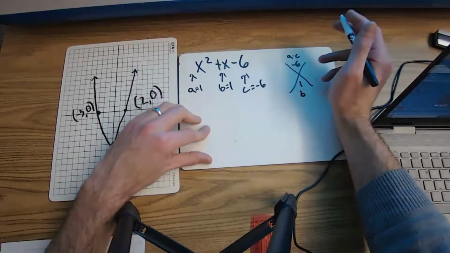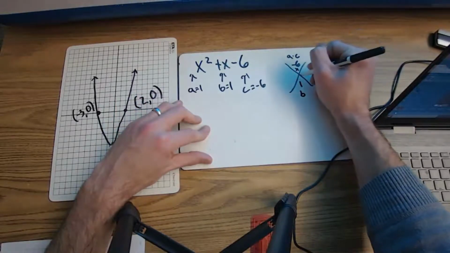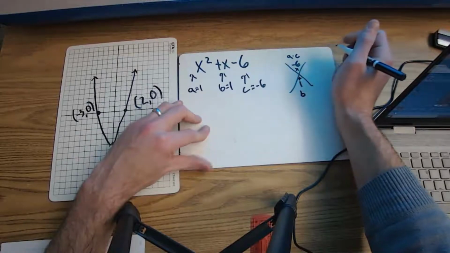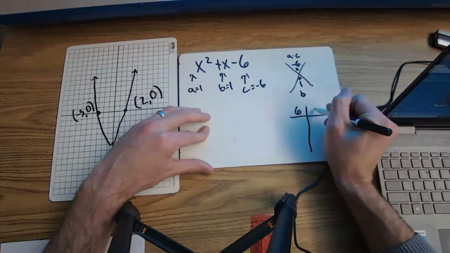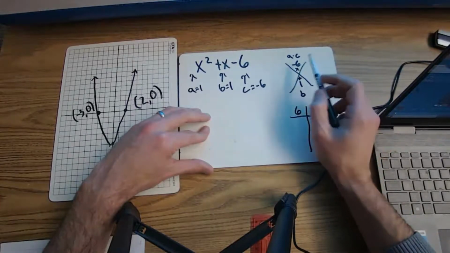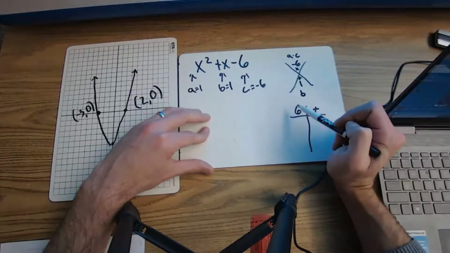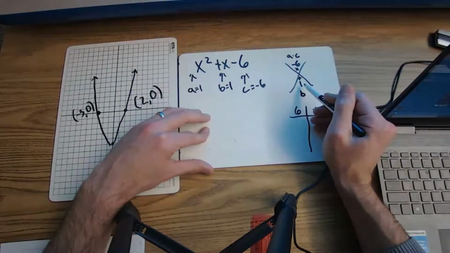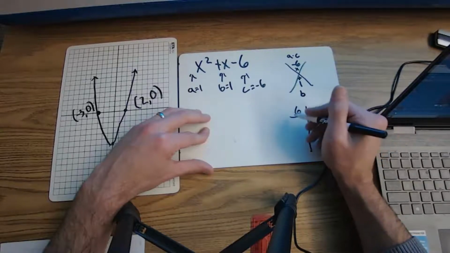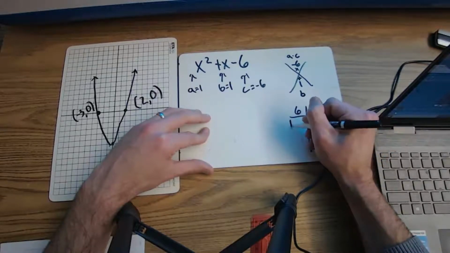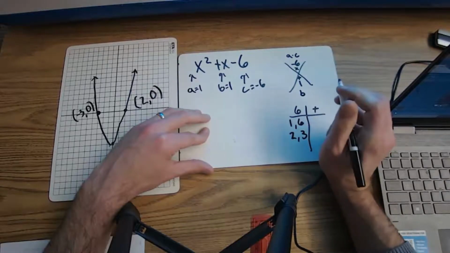Alright? And then you want to do just like you did before. Figure out two numbers that multiply to the top and add to the bottom. Okay? Remember, if you can't remember all the factors, just start dividing. Here we see this is negative, so I know that one of my numbers has to be negative. This 1 is positive, so that tells me that my bigger number has to be positive. So the factors of 6 are 1 and 6 and 2 and 3.